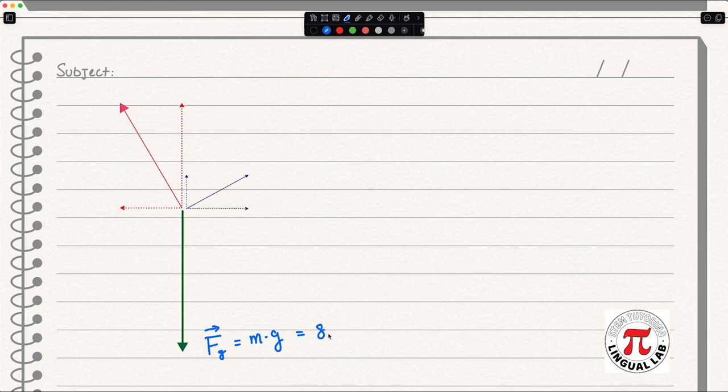So this will be 8.5 kilogram multiplied by the free fall acceleration of 9.8 meter per second square. So that is 83.3 Newton.